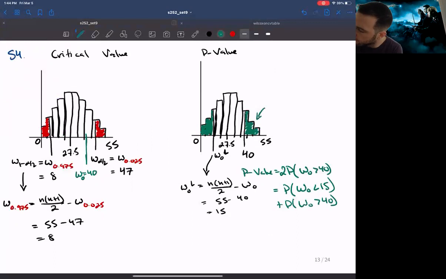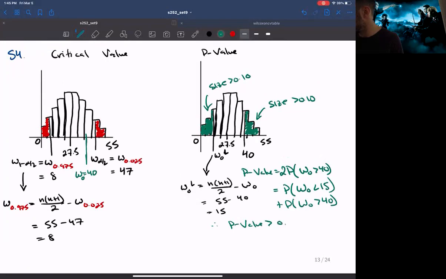So this is a size greater than 0.1, and this is a size greater than 0.1. Therefore, the p-value is going to be greater than 0.2 in this case.